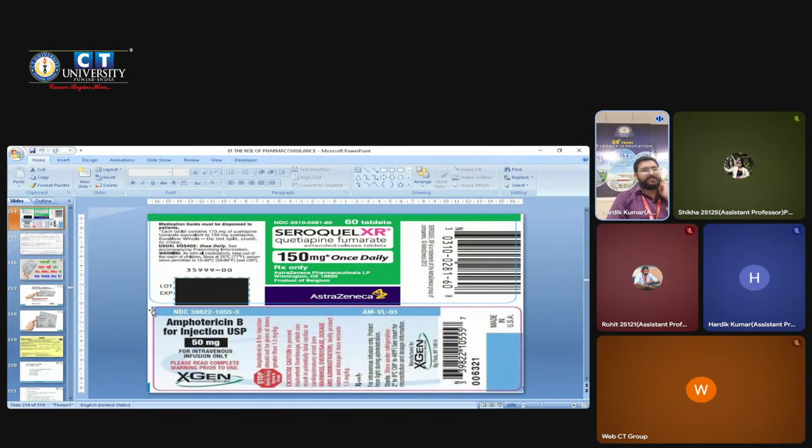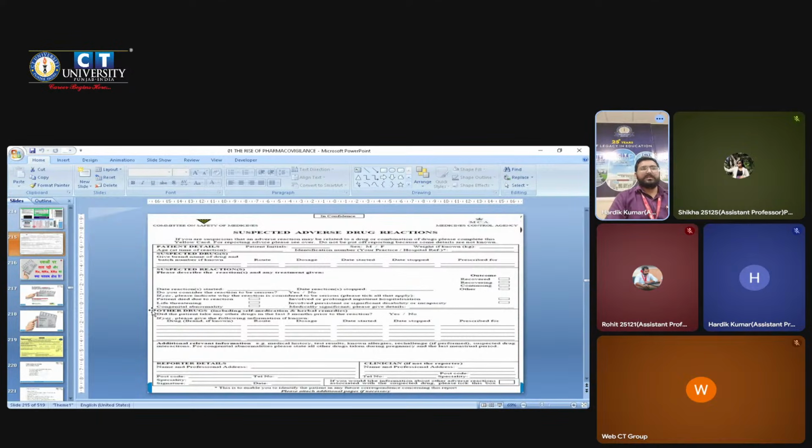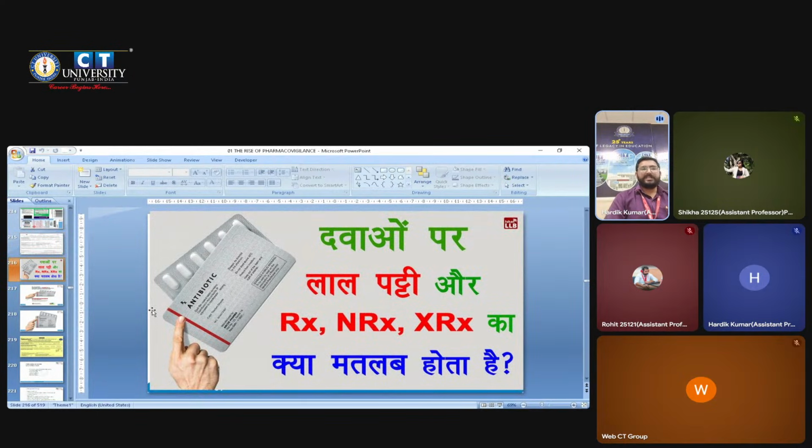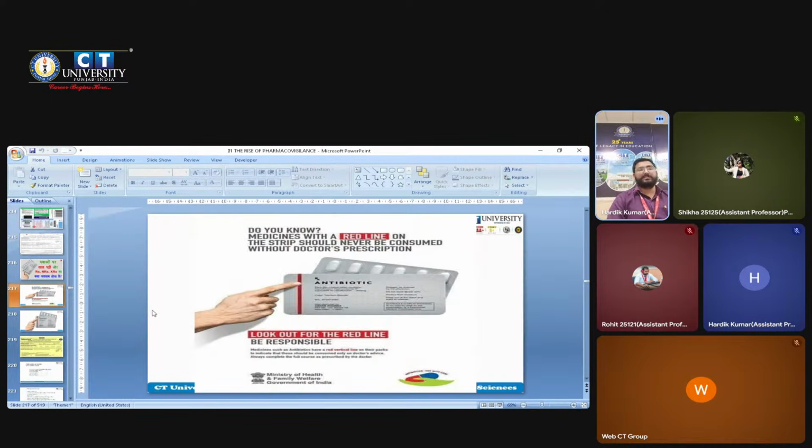Here are some examples. This is the suspected adverse drug reaction form of the Medicines Control Agency, which is foreign. Then there is a red line. In India, most antibiotics and prescription drugs, and narcotic drugs too, have a red line on their strips. These are the examples.